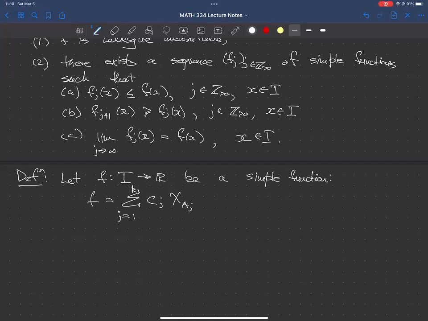It can be written like that for some real numbers cj and some Lebesgue measurable sets Aj.